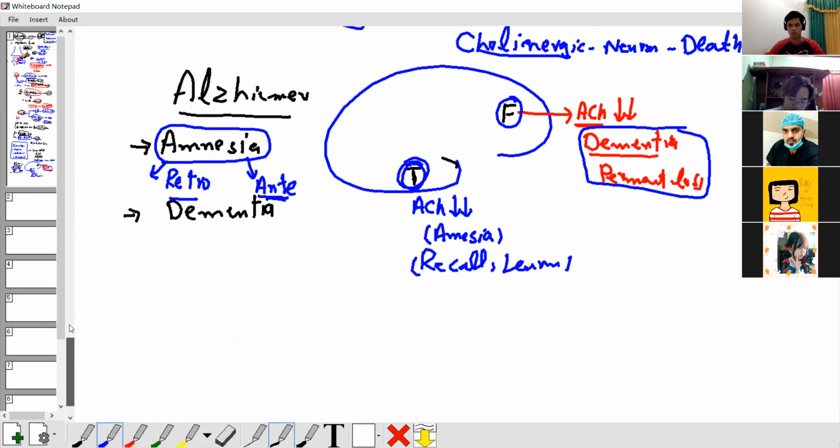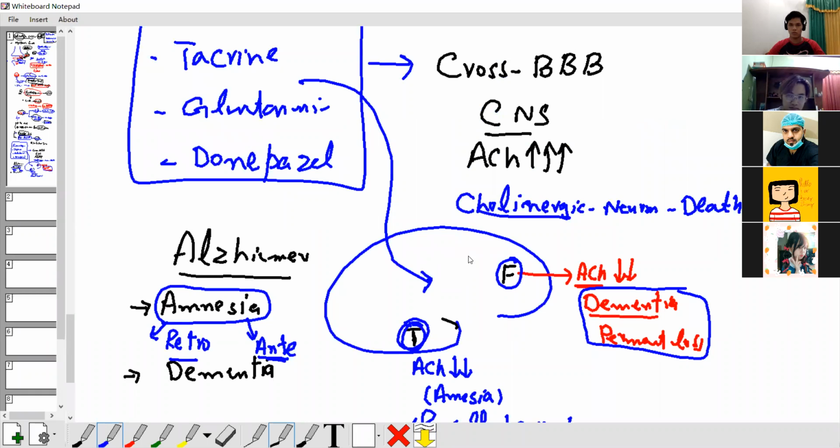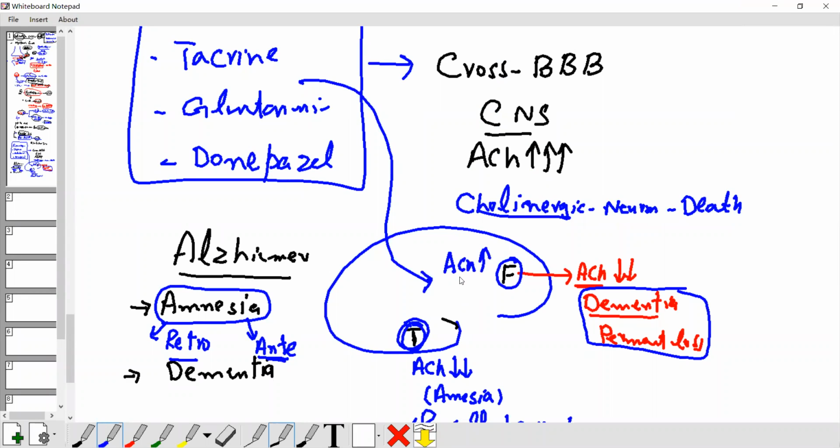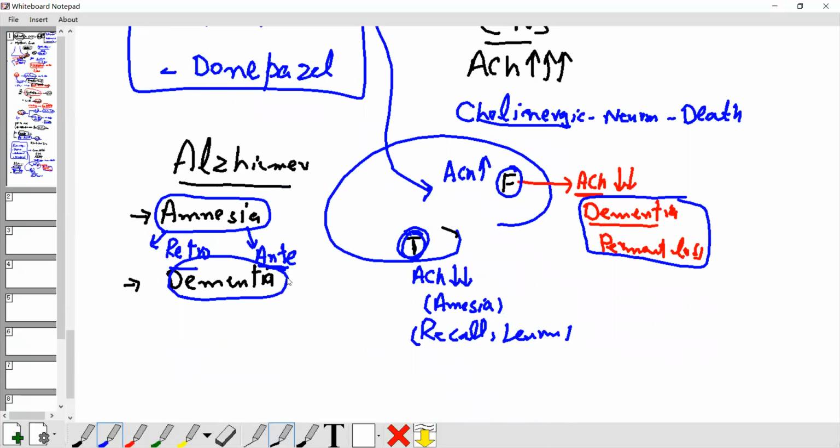So if you use these drugs going into the brain, what are they doing? They increase acetylcholine. So they can improve amnesia and dementia. These drugs can slow down the progression of the disease. Alzheimer disease is a disease of elder persons, the age group 60 to 70.